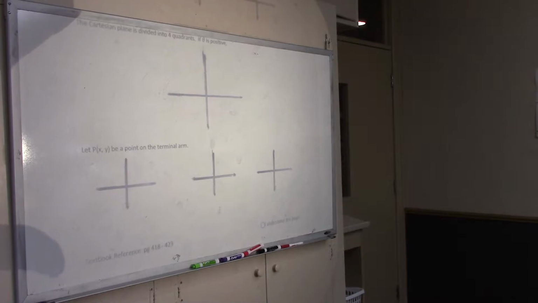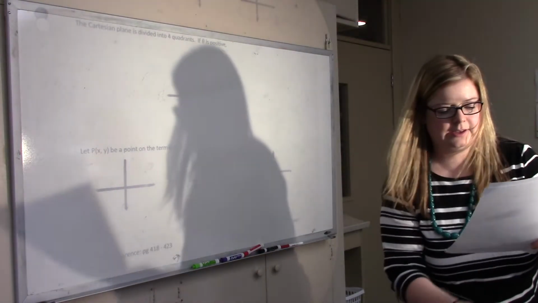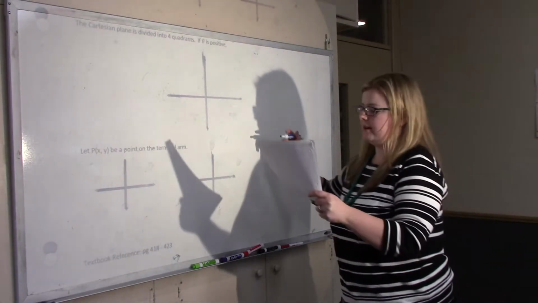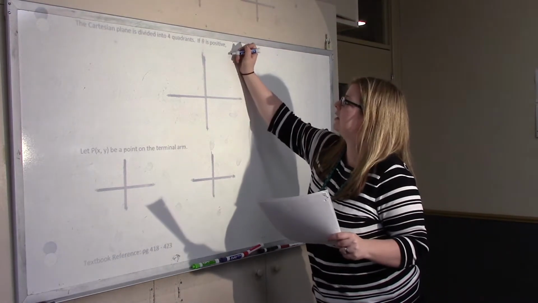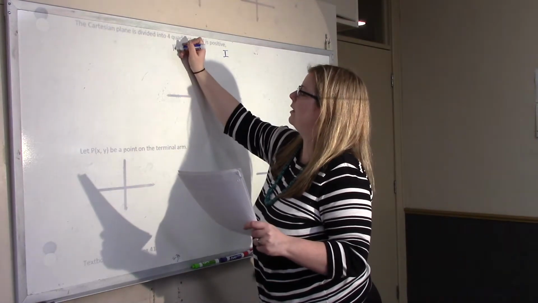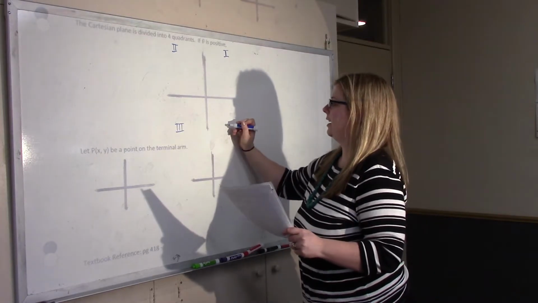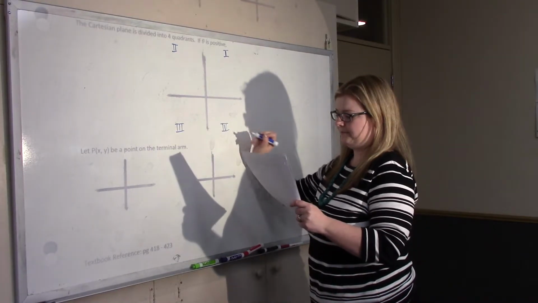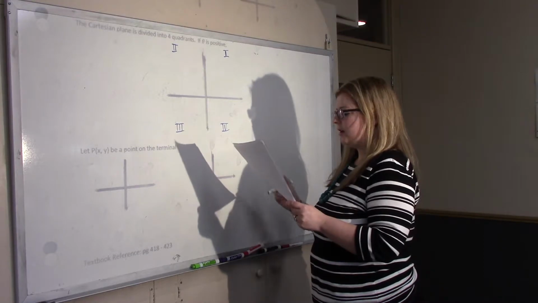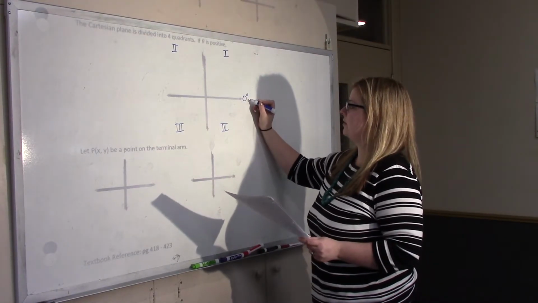The Cartesian plane is divided into 4 quadrants. We start here. This is quadrant 1, if you remember from grade school. This is quadrant 2. This is quadrant 3. And this is quadrant 4. If you start here, the initial arm is always here, that would be 0 degrees.